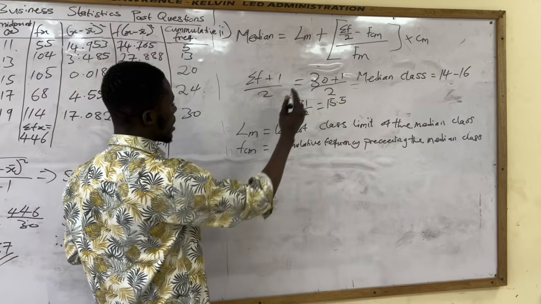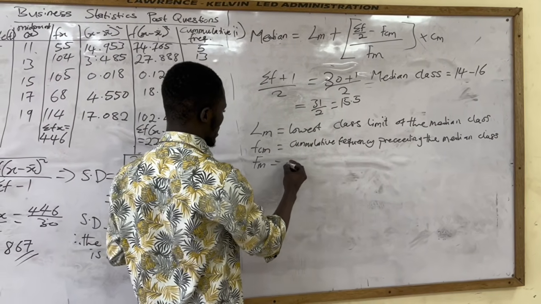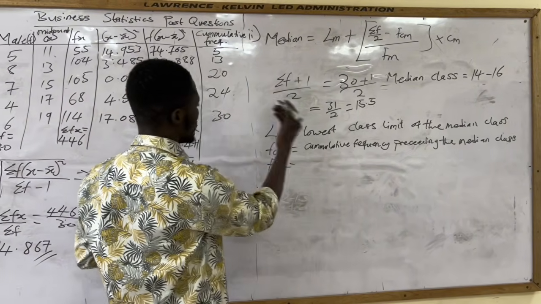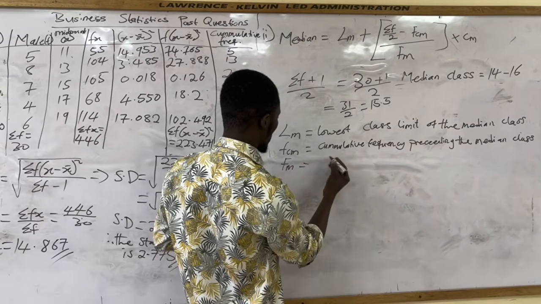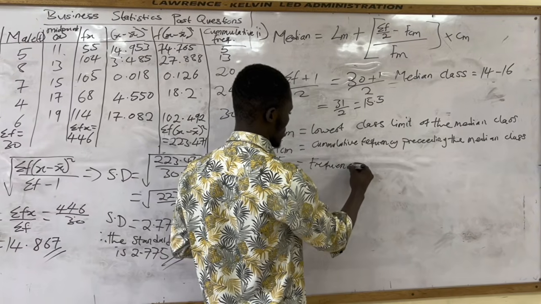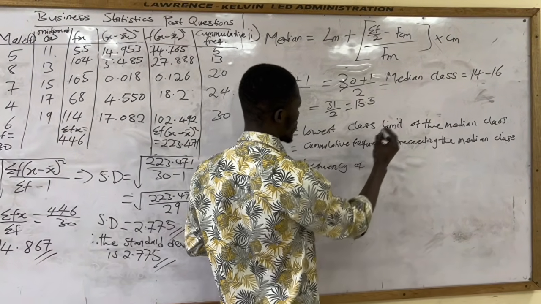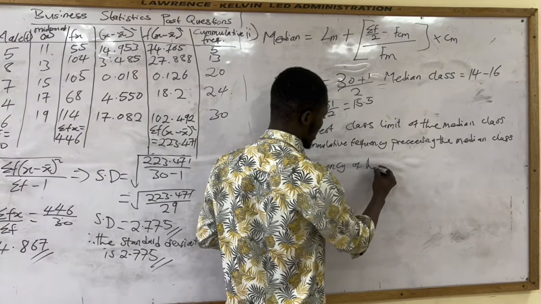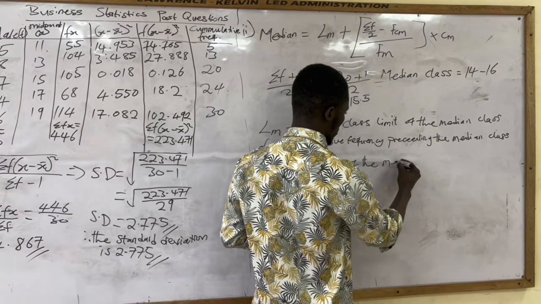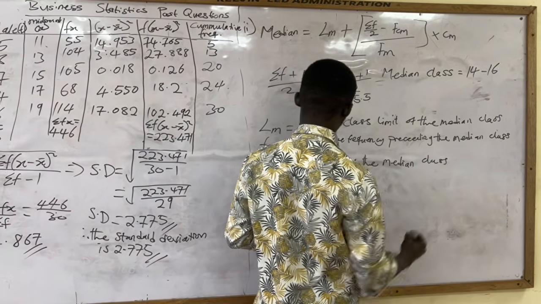Then we look at our FM. FM is the frequency of the median class. Okay.